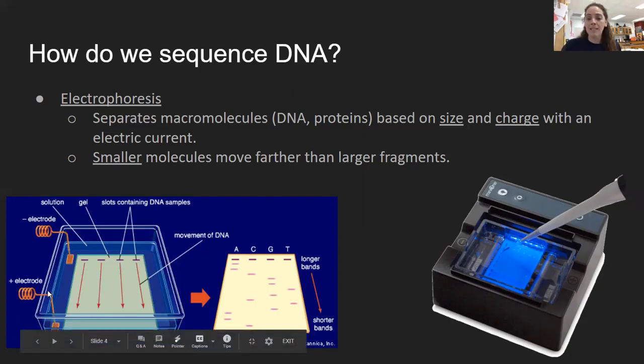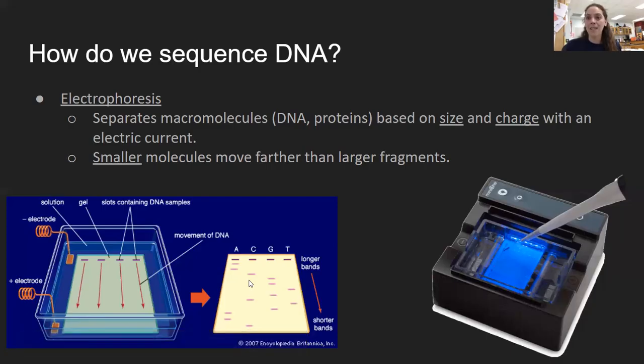Now, DNA is slightly negatively charged. So once the electricity is put on, the DNA is going to move away from the negative electrode toward the positive, opposites attract. And as it moves, it's going to be separated out by size. Smaller molecules are going to move further, and they're faster than larger fragments.